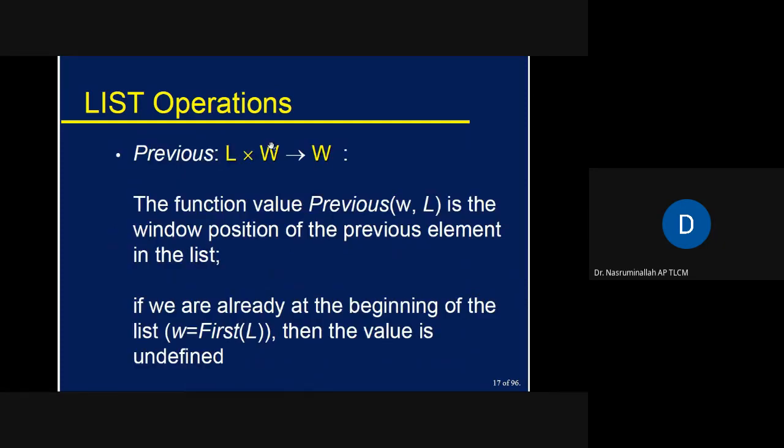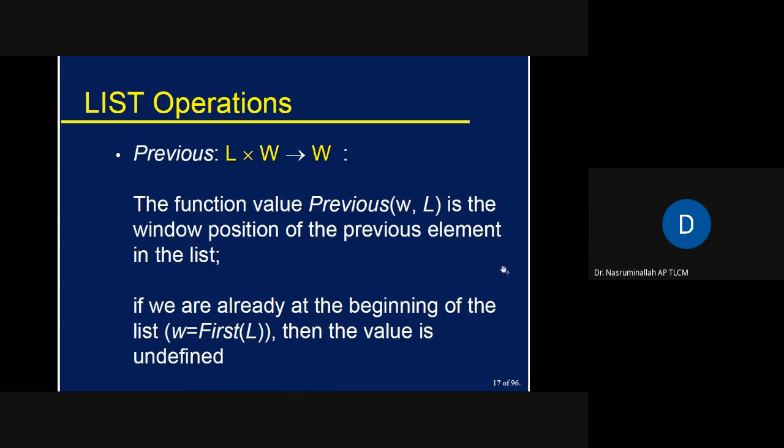Similarly, we have an operation previous. It is exactly the opposite of the next operation. In order to perform this operation, you need a function to which you pass the existing list along with the current window, and it will return a window location to the previous element in the list.